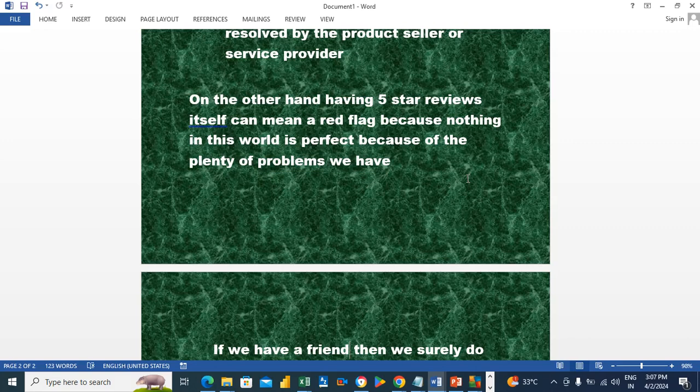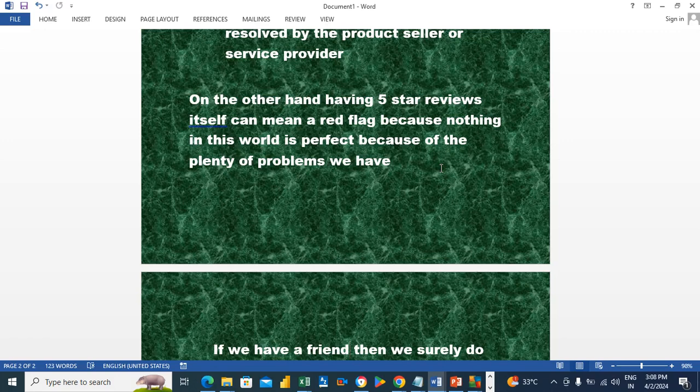All right, so let's say that you find some product or service that has five-star reviews, and that itself can mean a red flag. The sample size could be pretty small. You have a bunch of people buying your product and service, and you get them to write some awesome five-star reviews. That itself does not mean that the quality of the product is impressive or incredible. Not necessarily.